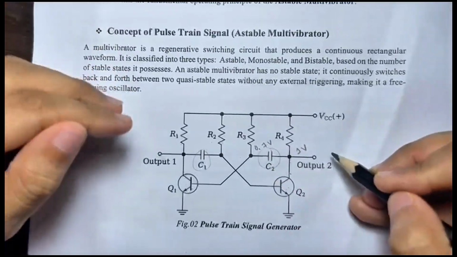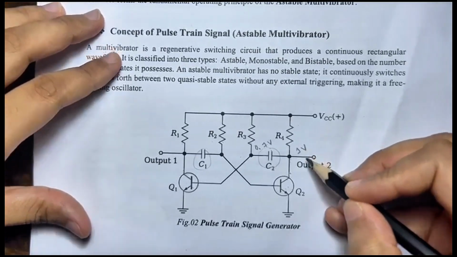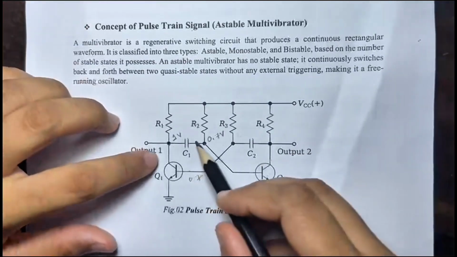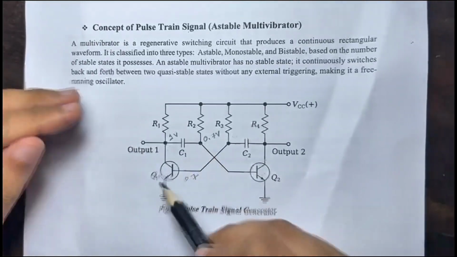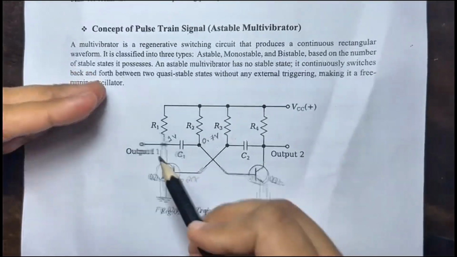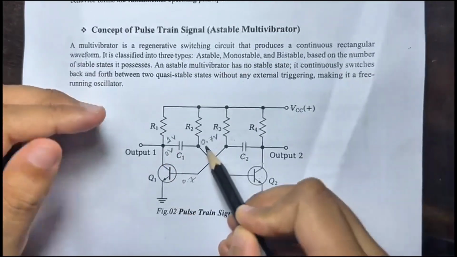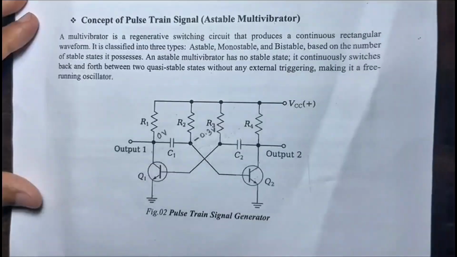So the difference is now 0.3 volt. But now, when the transistor is in the saturation region, the voltage here is 0 volt. So here the voltage will be minus 0.3 volt.